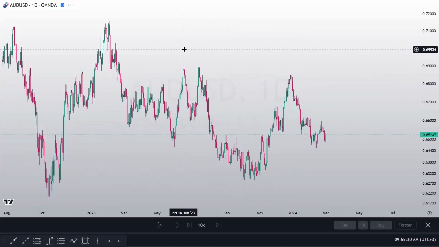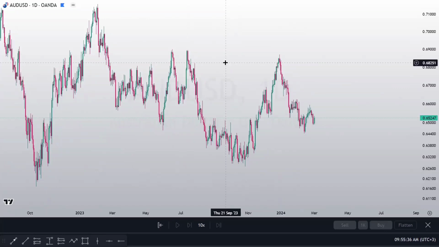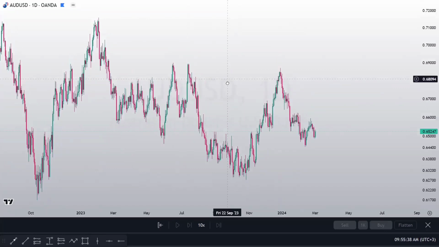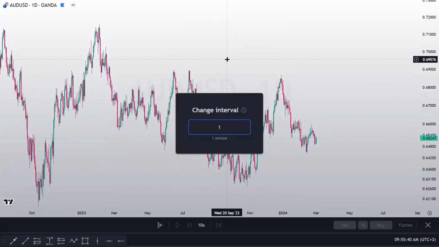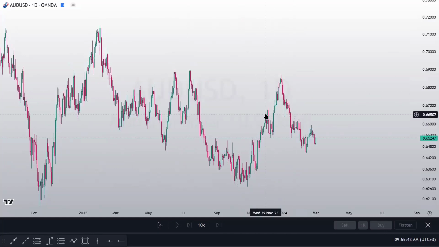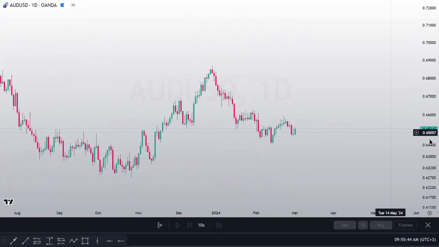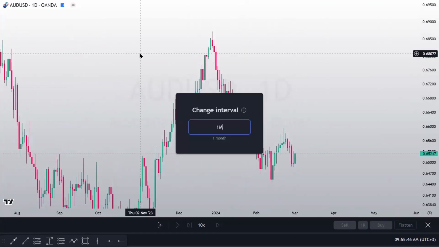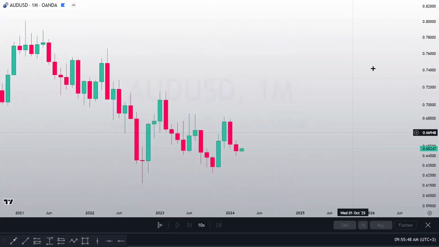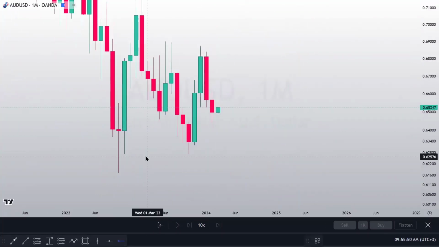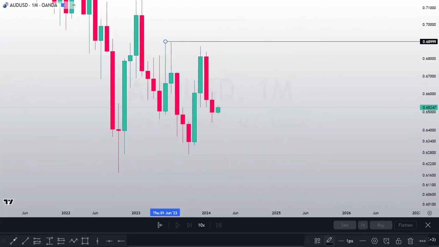Let's also look at another one, the Australian dollar compared to the US dollar. On this pair, for the entry that was taken on the previous week, we had this monthly area of liquidity. The market actually came to liquidate this area of liquidity from the monthly.